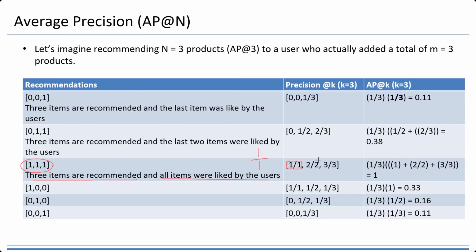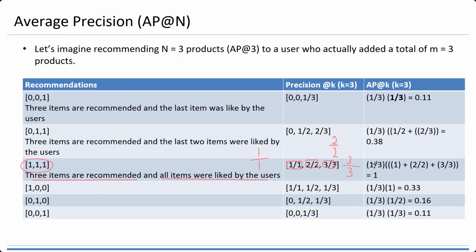For the second one, from the 2 recommended items, 2 items were liked. In the third item, from 3 recommended items, 3 items were liked.